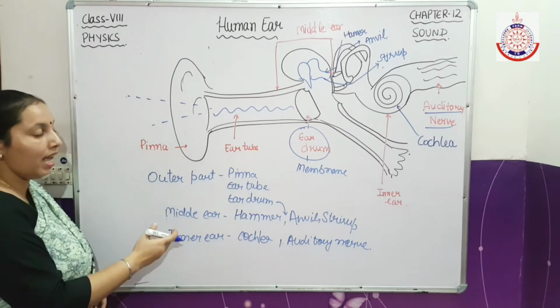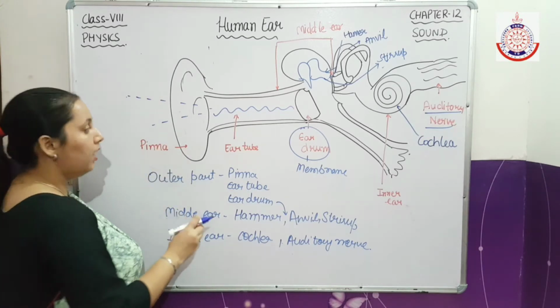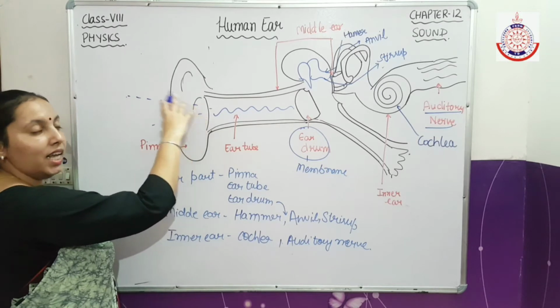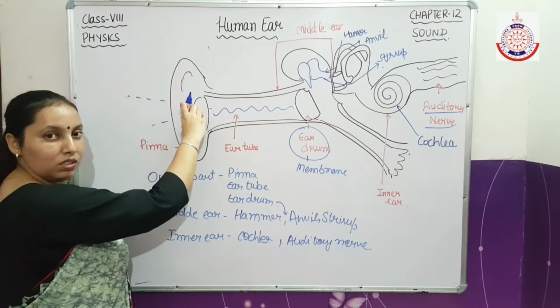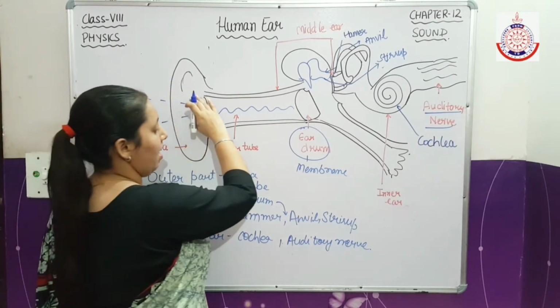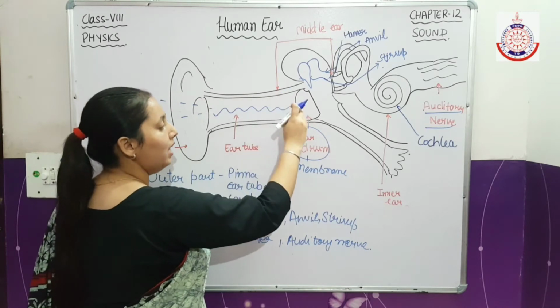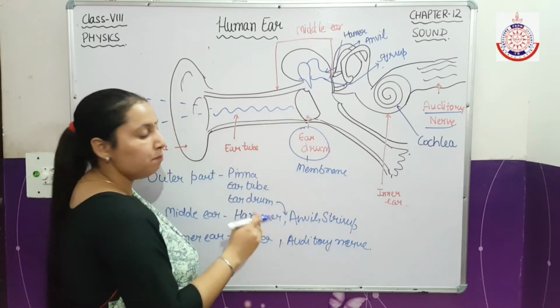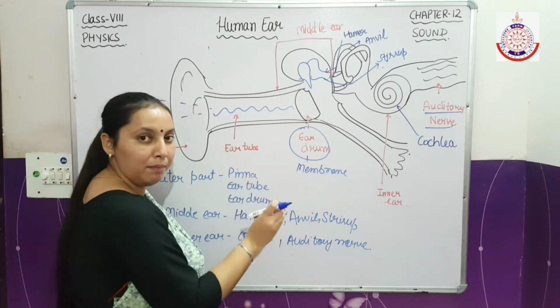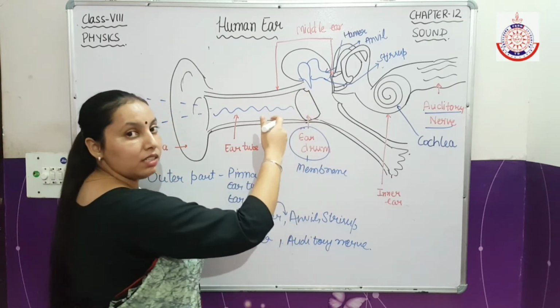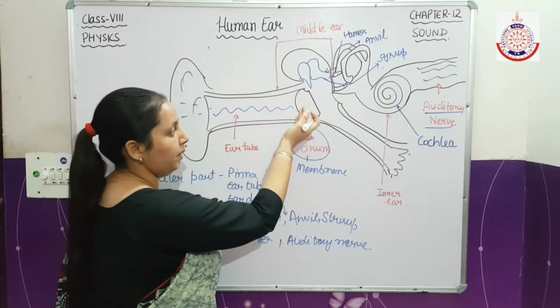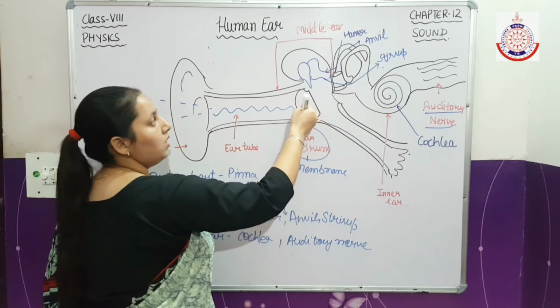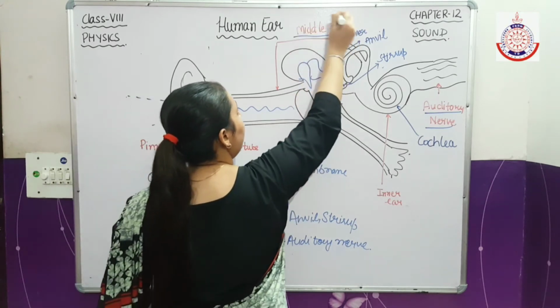We'll revise this again, how we are able to hear. This is the outer part and it collects the sound from the surroundings. The sound travels through this ear tube and strikes the eardrum. Eardrum is a membrane and it vibrates. When it vibrates, sound is produced, and this sound travels to the middle ear.